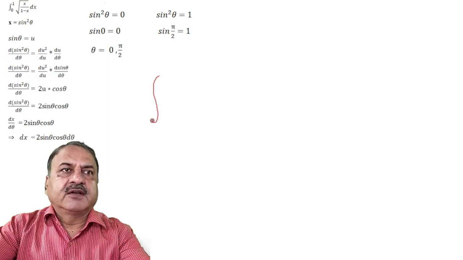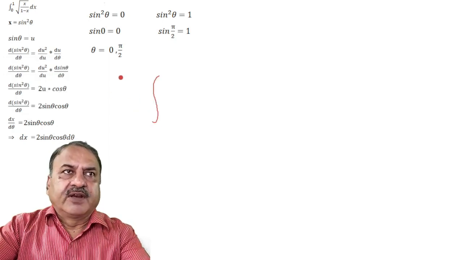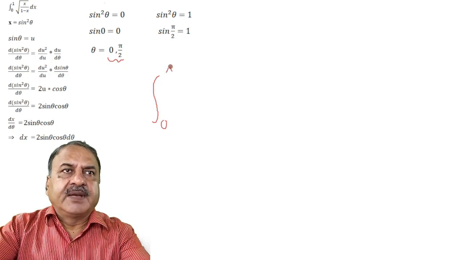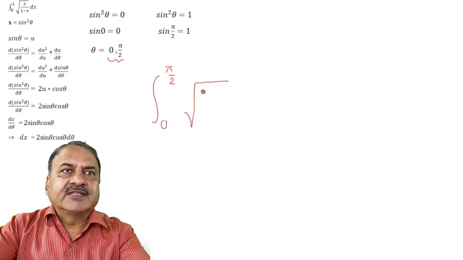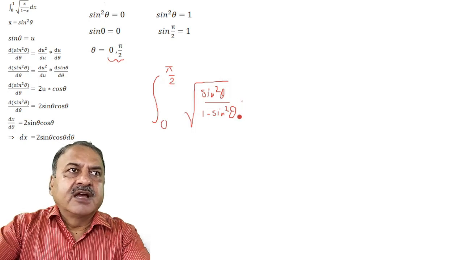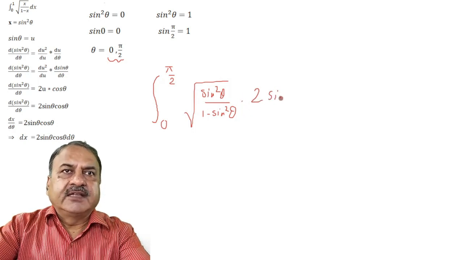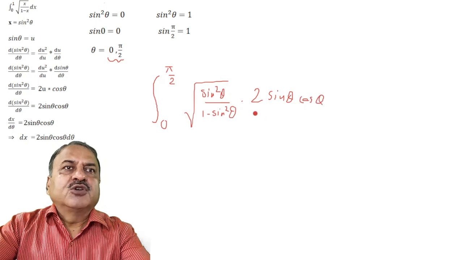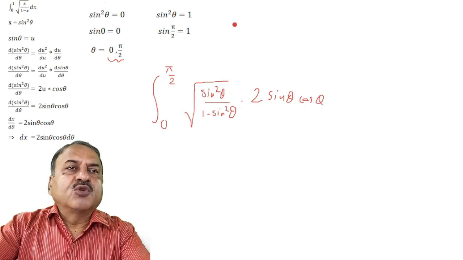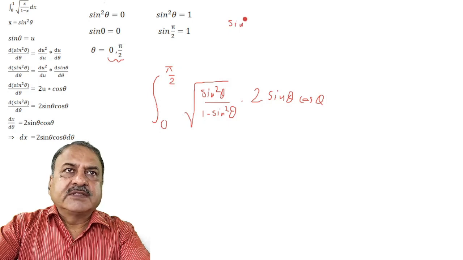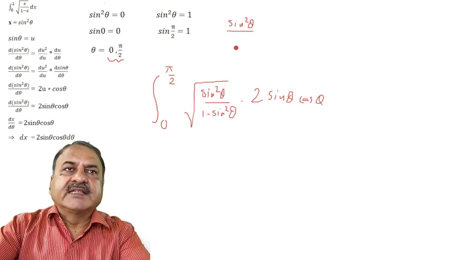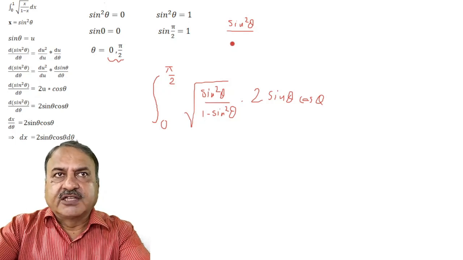Now we have to write our integration. The lower limit was 0, 1, but now our limits are lower limit 0 and upper limit pi by 2. Under root x, where x is sine square theta upon 1 minus sine square theta, and dx, our dx is 2 sine theta cos theta. So let's simplify it. Under root sine square theta divided by 1 minus sine square theta is cos square theta.